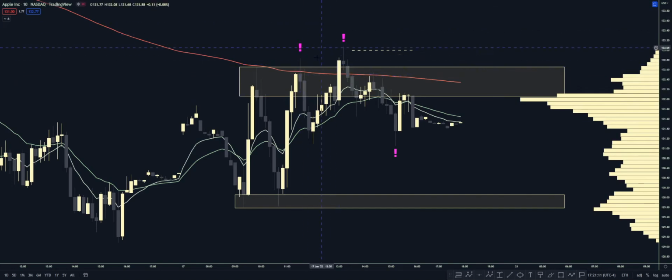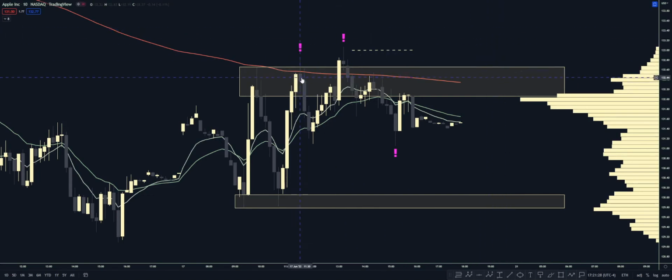People may have gone long out of supply as soon as they saw this candle make a move out of the zone. Something I always talk about is, one, you must, in my opinion, wait for confirmation on one of your higher time frames, such as the 10 or 15.